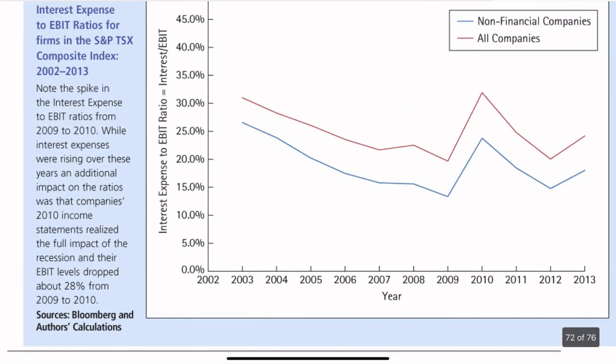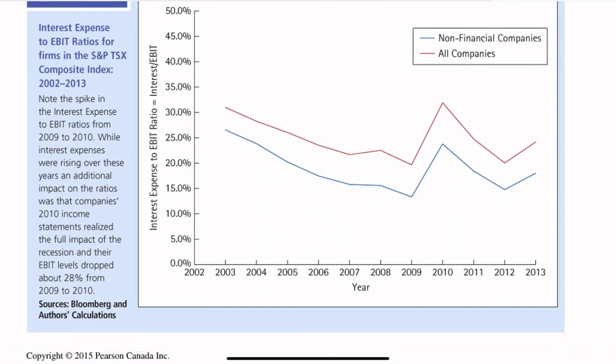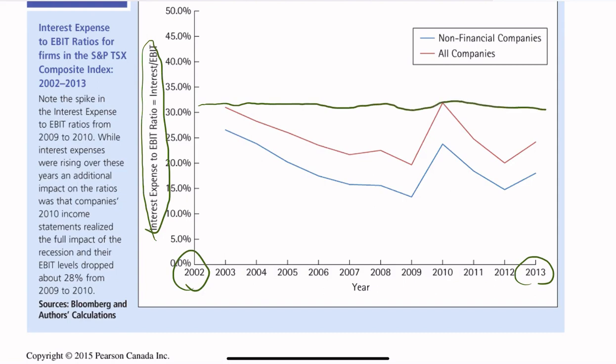So if you look at this interest expense to EBIT ratio from 2002 to 2013 for Canadian firms, what you can see here is this ratio never exceeds, I would say, maybe 32%.